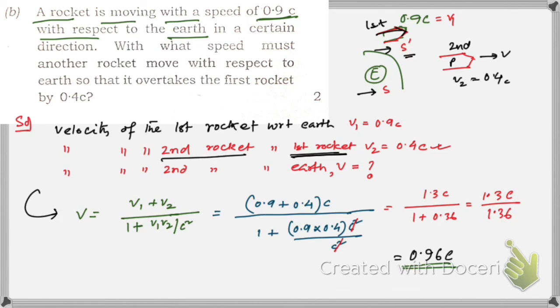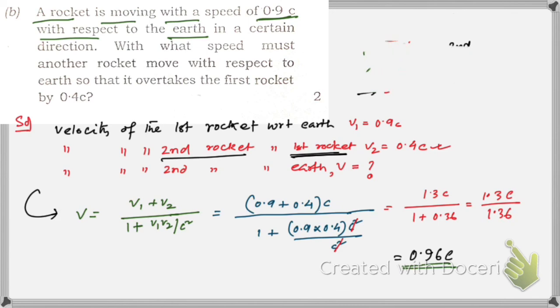Relativistic law of vector addition. How? Let me tell you. In the previous question that we discussed, we had taken two frames, S and S dash, and a particle which was moving with u with respect to S and u dash with respect to S dash.